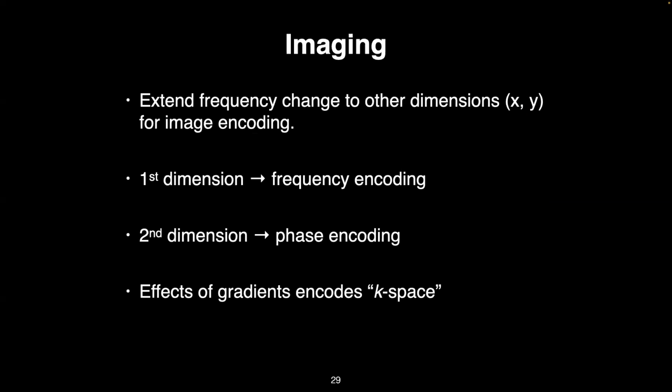This is what I was hinting at earlier: with this type of encoding with your gradients, where you vary the field positionally and see what it does to the protons and the signal you get from them, it can be unwrapped in all dimensions equally with Fourier analysis.